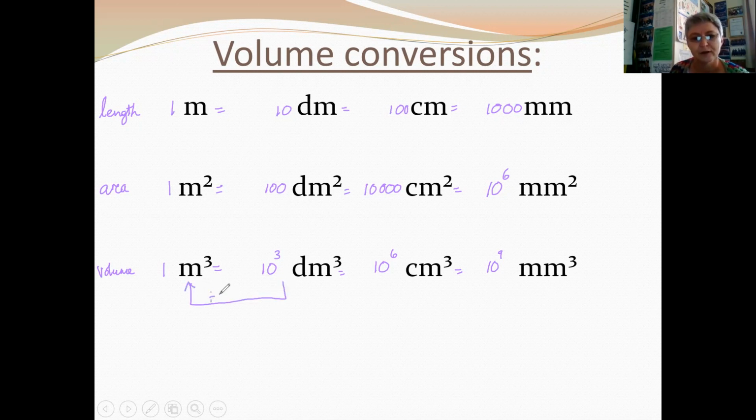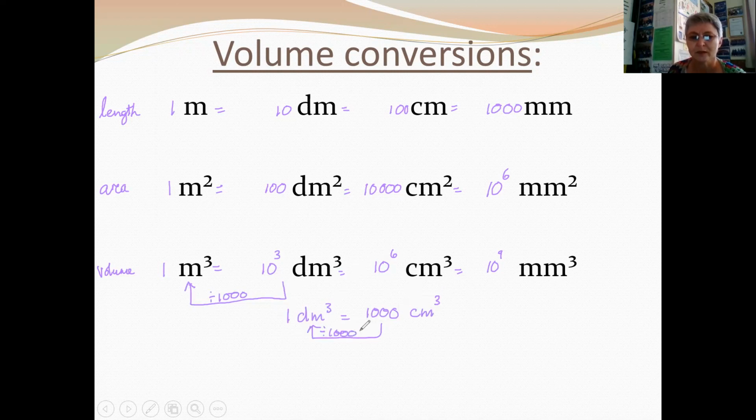Now, the important volume conversions: from a cubic decimeter to a cubic meter, you'll have to divide by 1,000. If you have 1 cubic decimeter, you'll have 1,000 cubic centimeters. So the conversion from cubic centimeters to cubic decimeters, you need to divide by 1,000 again.